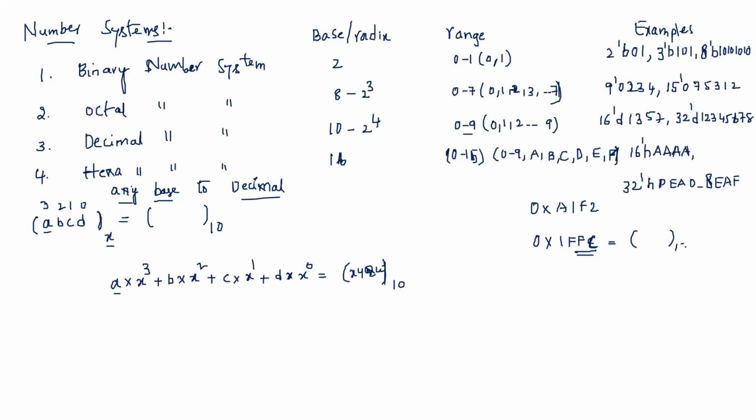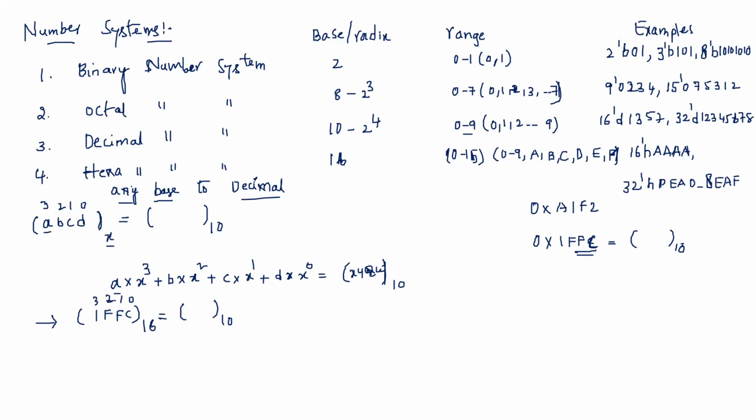So how can we convert? Just take any hexadecimal number, say I'm taking 1 F C. This is a hexadecimal number that we want to convert to decimal. The place values are 0th place, first place, second place, third place.